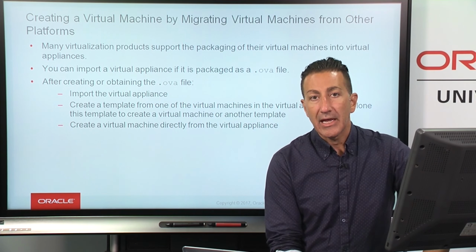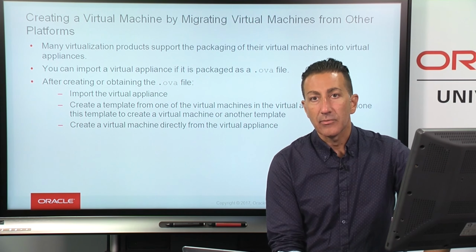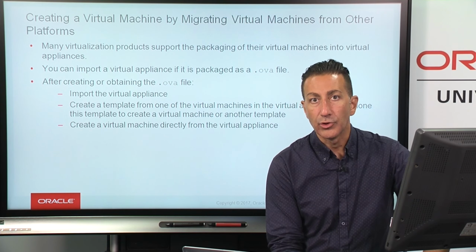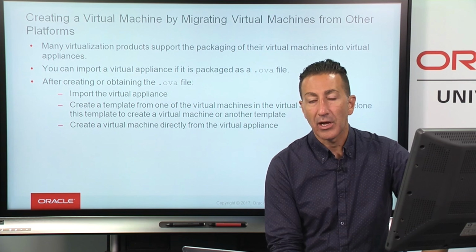You could create a virtual machine by migrating virtual machines from other platforms. So, as you know, many virtualization products support packaging. They come with their own tools to do so. All right. So typically with these tools, they are able to convert existing virtual machines on these other vendor platforms into virtual appliances.